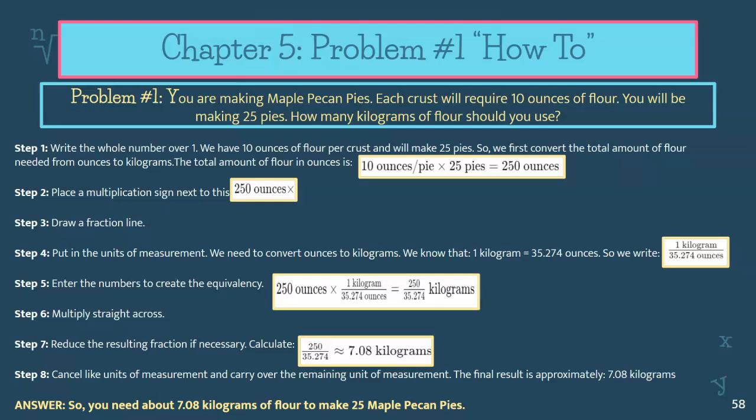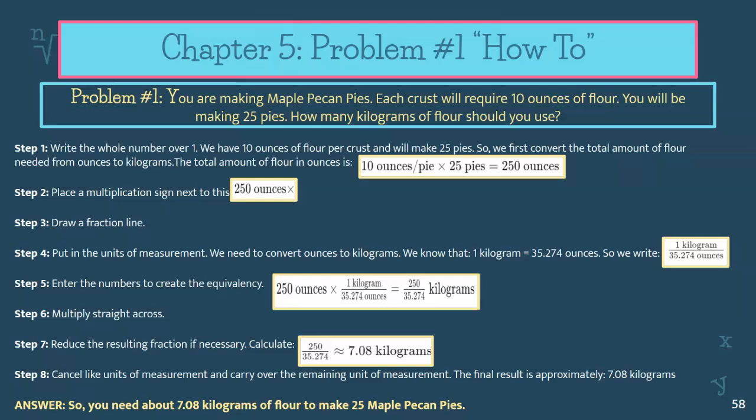All right. So problem number 1 for chapter 5, you are making maple pecan pies. Each crust will require 10 ounces of flour. You will be making 25 pies. How many kilograms of flour should you use? So first off, you're going to set up your problem by converting the amount of flour from ounces to kilograms.